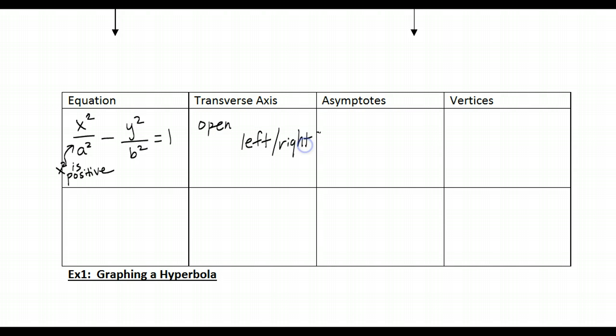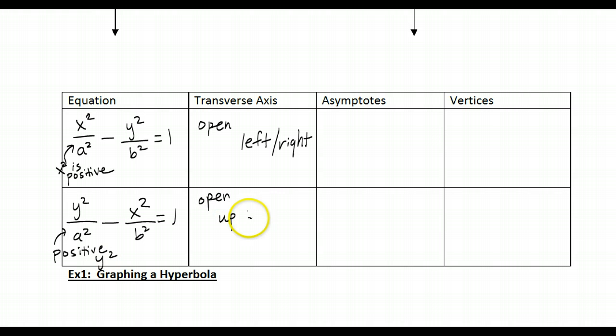If you have instead a positive y squared, then we switch it so that the positive one always comes first. So here I have a positive y squared. Then it's going to open up and down. And I'm now going to show you a graph to example each one.